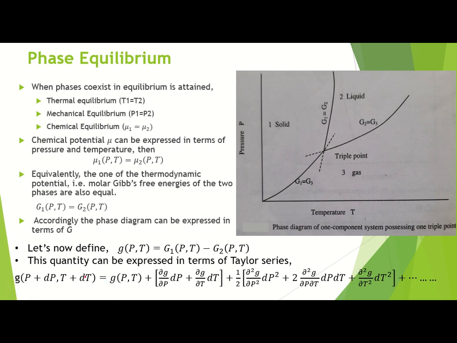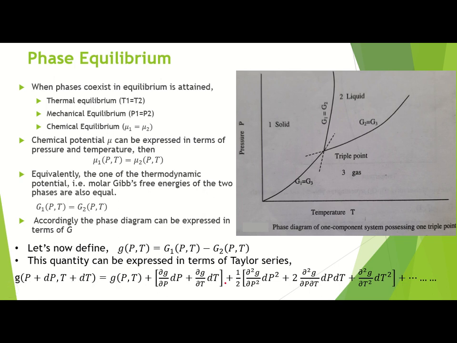If this is a smoothly varying function, we can express this in terms of a Taylor series. We know that the Taylor series will have g of P, T and then the first order partial derivatives of this small g with respect to pressure and temperature, and then there will be second order derivatives as well and higher order derivatives as well. So let's go ahead.